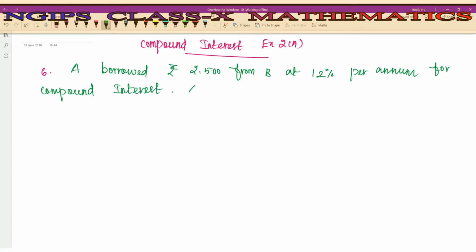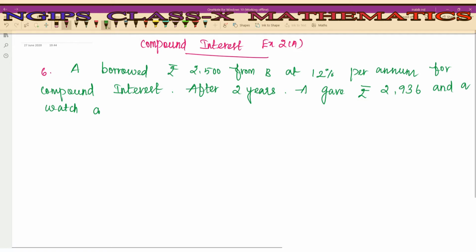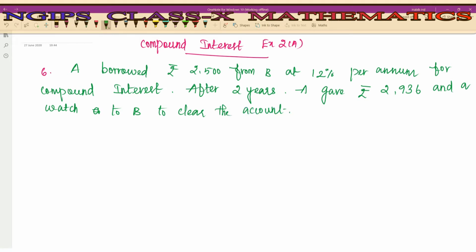After 2 years, A gave rupees 2936 and a watch to B to clear the account. Find the cost of the watch.